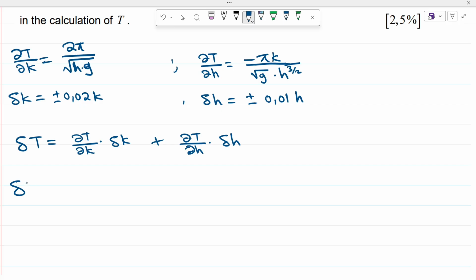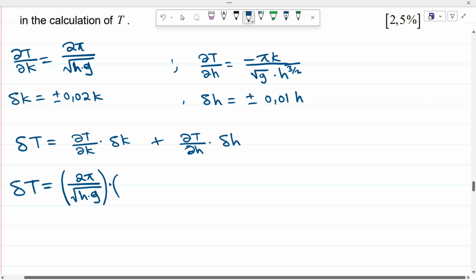The partial derivative of t is then equivalent to, we're just substituting now, 2 pi divided by root of h multiplied by g. This is then multiplied by the change. Because this one is positive, and remember we're looking for the maximum percentage change, we have to take the sign that, when we multiply this and this, we get a positive value.